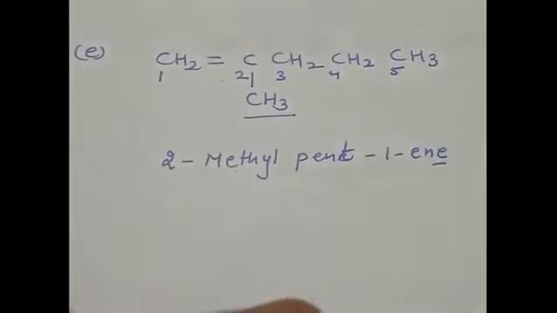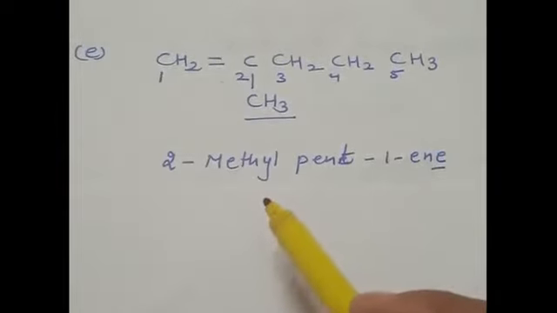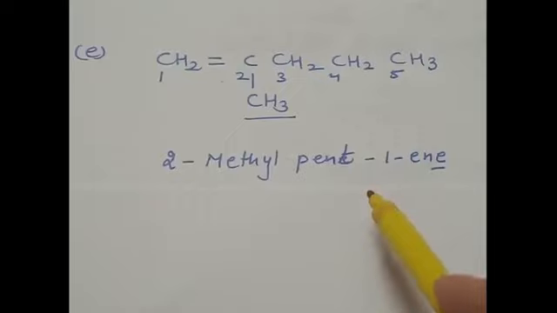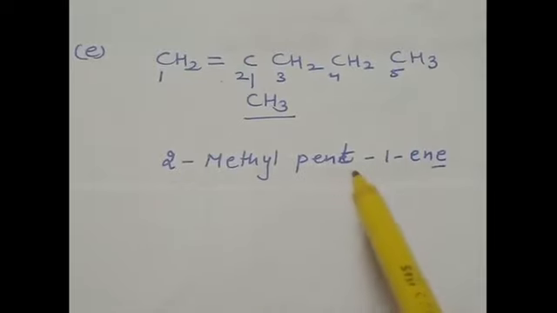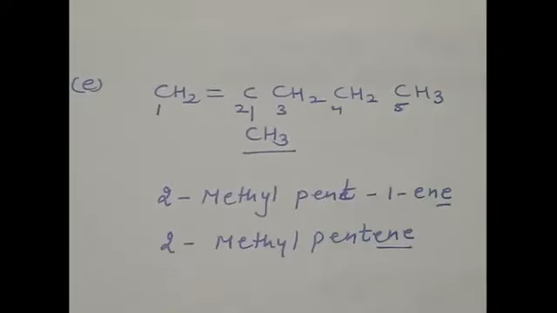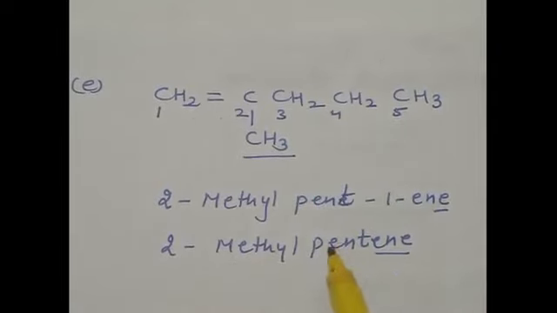This would be the IUPAC name for this compound. But whenever the functional group is attached to the first carbon atom, there is a rule that there is no need to mention the position of the functional group, because it's already understood that the functional group is at the first position only. So it can also be named 2-methylpentene without mentioning the position of the double bond.